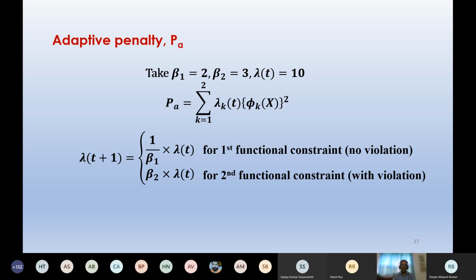It is 1 by beta 1 if there is no violation. Whenever there is a violation, definitely the penalty has to be more, so it has to be beta 2. Are you getting my point? Beta 1 and beta 2 should be more than 1, and generally we do not put beta 1 equal to beta 2. Okay?